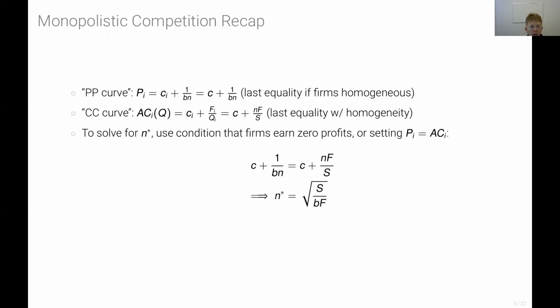This is all review from last time. To solve for the number of firms in our market, we set P equal to AC, or we set the PP curve equal to the CC curve.